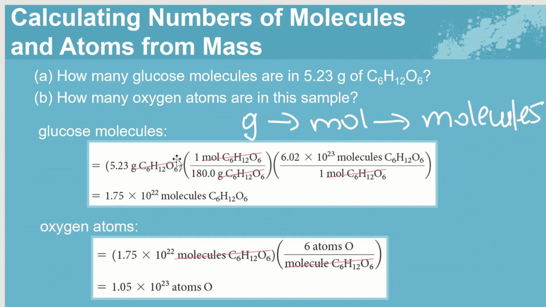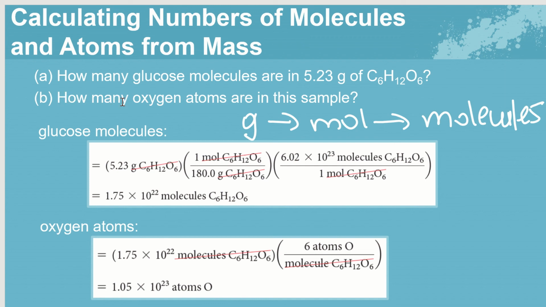And so we just do our multiplications and divisions, and we should get 1.75 times 10 to the 22 molecules of glucose. So go ahead, plug in these values and tell me if you get the answer.